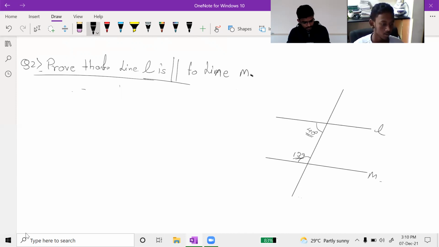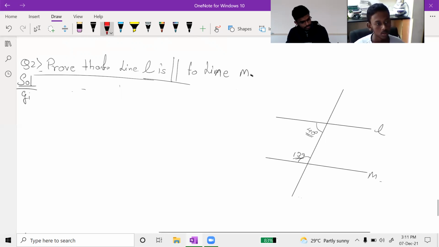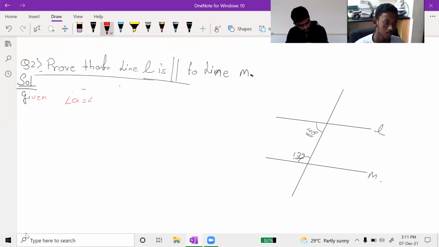First, let us write the solution. Given that angle A is equal to 40 degree and angle B is equal to 139 degree.